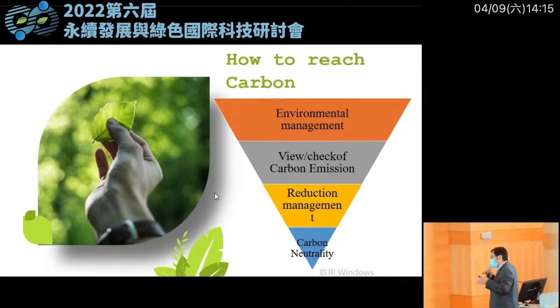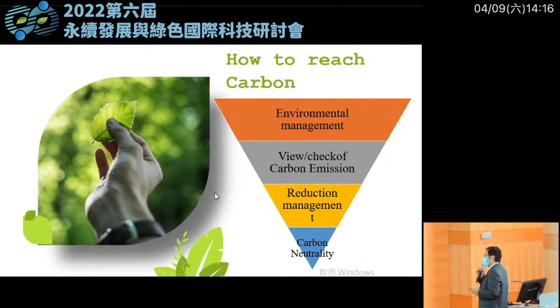Maybe we can, like the previous speaker talked about, use the carbon to increase the fertilizer. This is one answer. The second thing is you need to understand how much carbon you emit into the air, so you need to check your carbon emission.